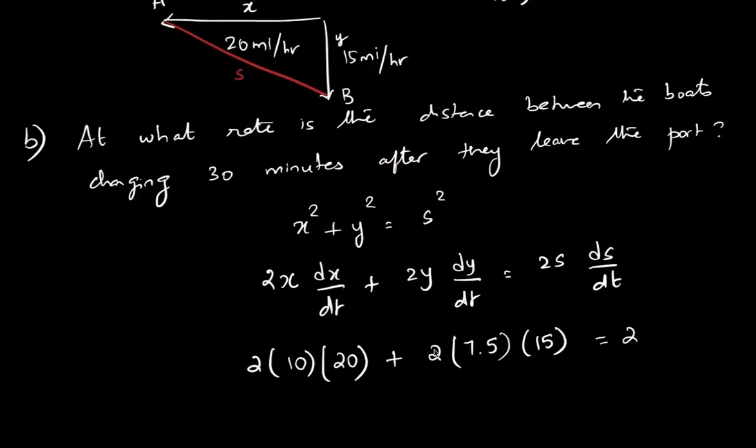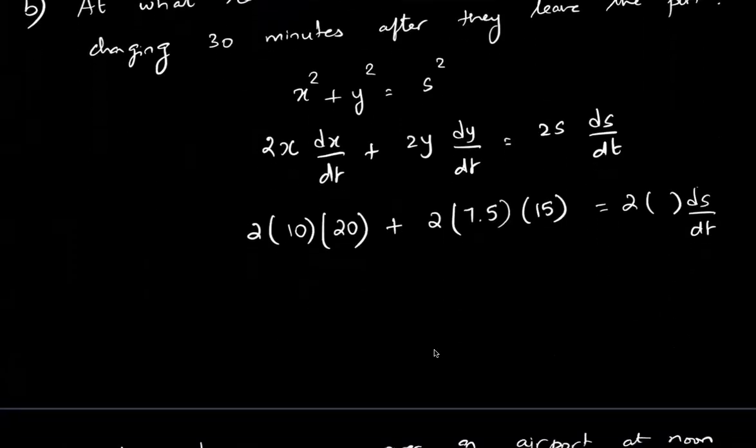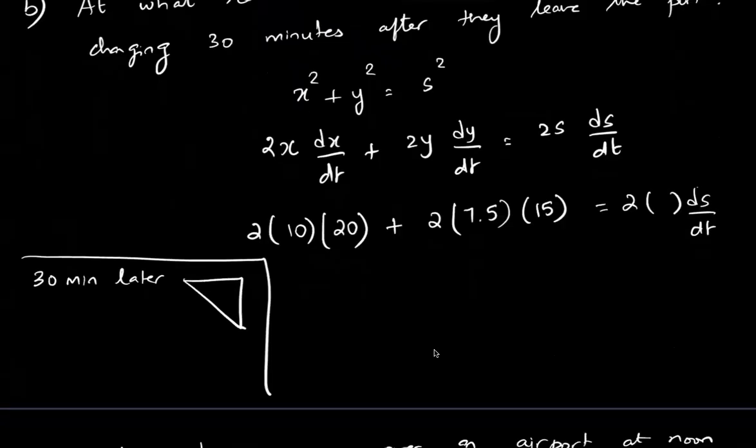Now we are asked to find ds/dt, but you see that s is missing at that instant. So now what can I do? I can use the same relationship to find s at that instant. So I'm going to take this to the side. I'm going to say 30 minutes later, right? What do I have in this triangle?